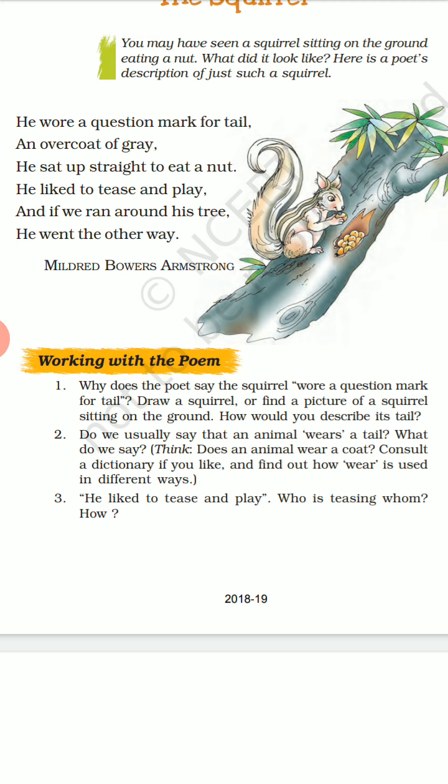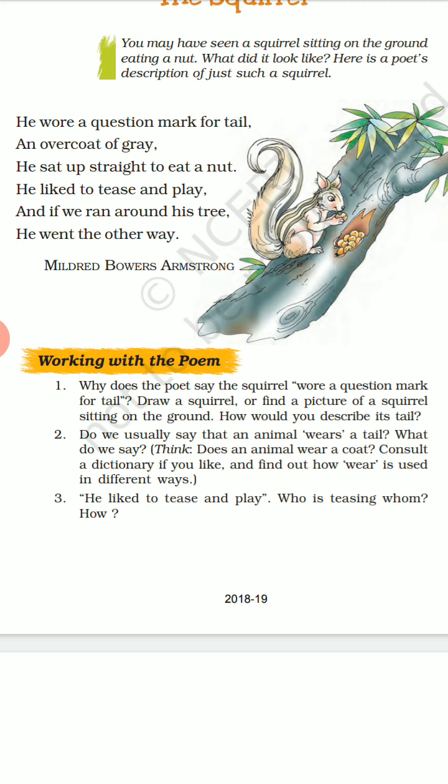Now number 2, do we usually say that an animal wears a tail? What do we say? Think. Does an animal wear a coat? Consult a dictionary if you like and find out how wear is used in different ways. So you can see from the dictionary, find out what exactly wear is. So the poet in this poem has used "he wore a question mark for a tail."